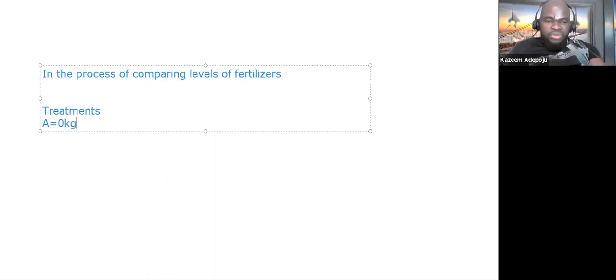Of course, the 0 kilogram is more or less like a control.